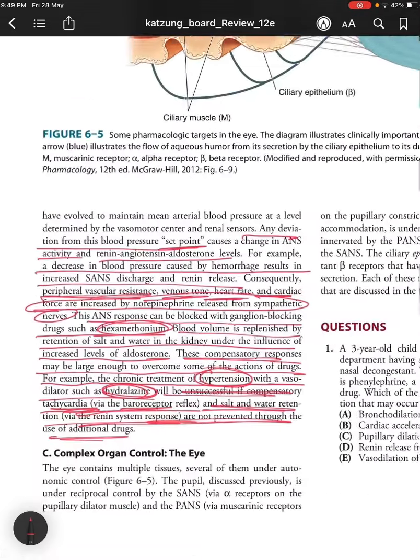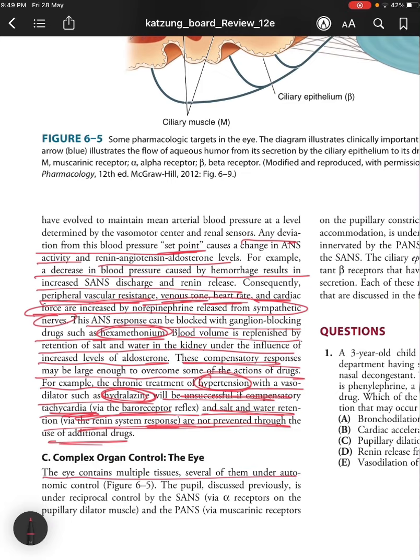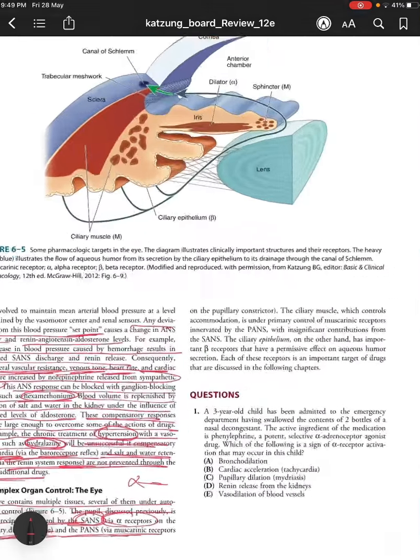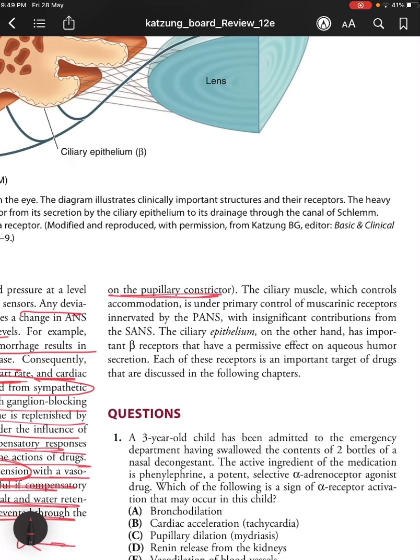Coming to the eye, it contains multiple tissues, several of them under autonomic control. The pupil is under reciprocal control by the sympathetic nervous system via alpha receptors on the pupillary dilator muscle. So adrenergic alpha, dilator muscles alpha. The parasympathetic acts via muscarinic receptors on the pupillary constrictor.